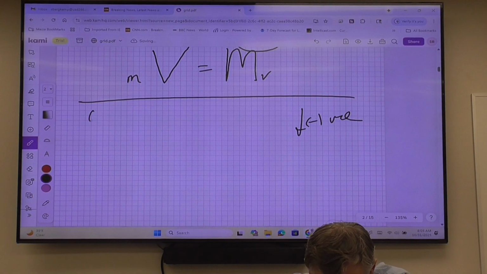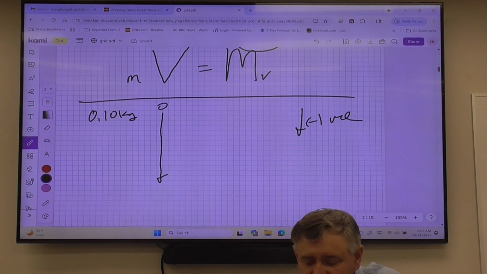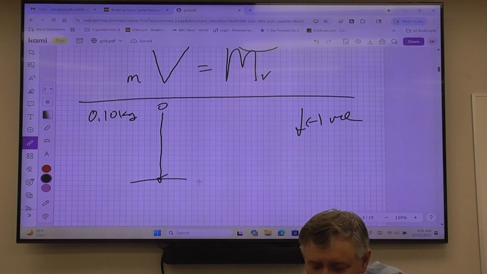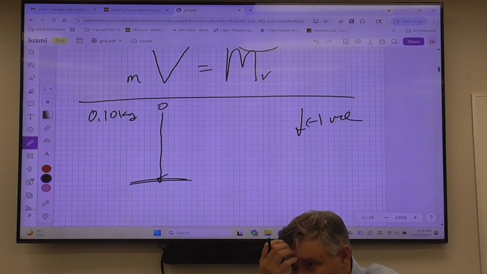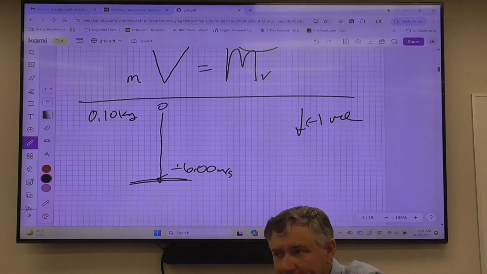Let's say that that's 0.1 kilograms. We're going to drop the golf ball, with down defined as a negative value. So, when it lands, let's say that it's going negative 6 meters per second.